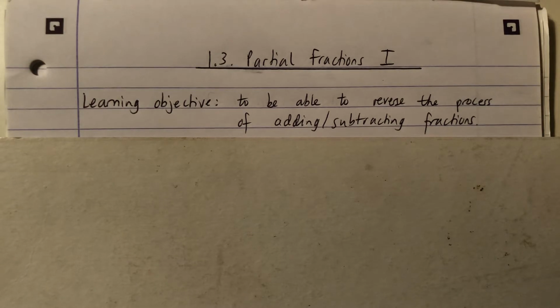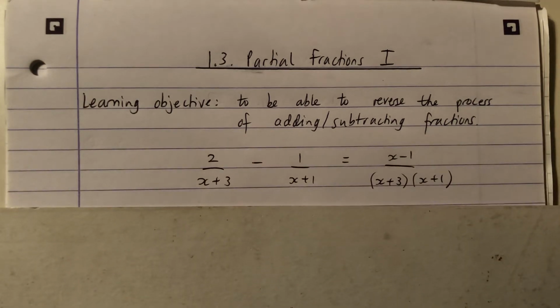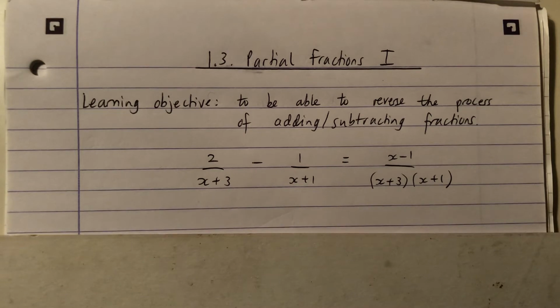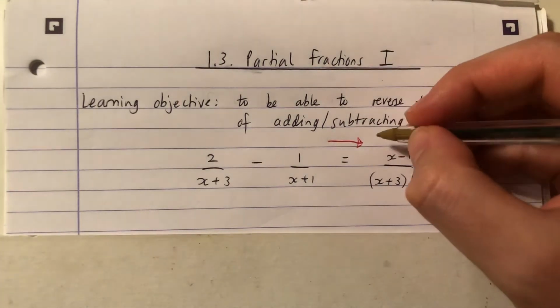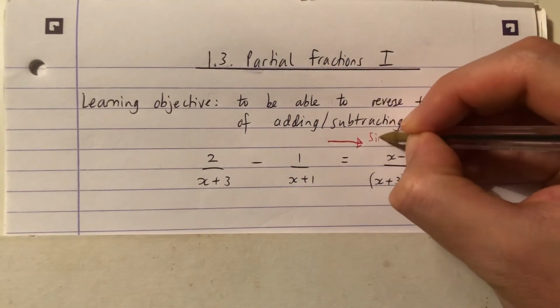So you may remember from last time we did a question which looks something similar to this, and if you were going from left to right, that process is called simplifying.